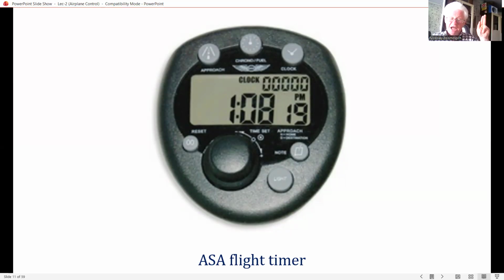And to measure time after passing radio fixes during instrument approaches. Like at 90 knots ground speed, for instance, it would take 2 minutes to travel the 3 nautical miles from a particular fix to the published missed approach point.